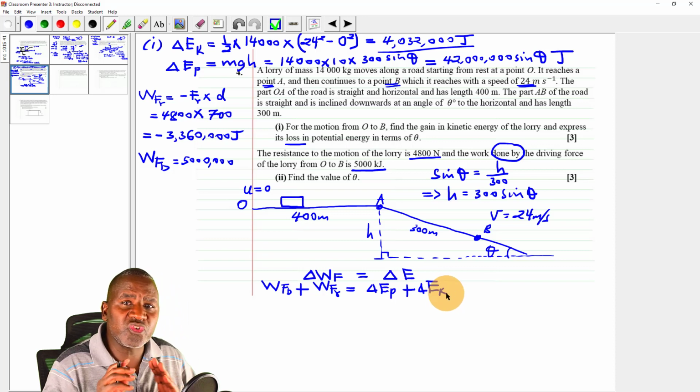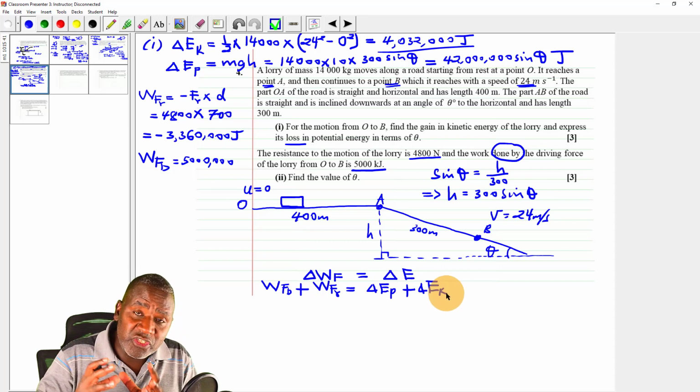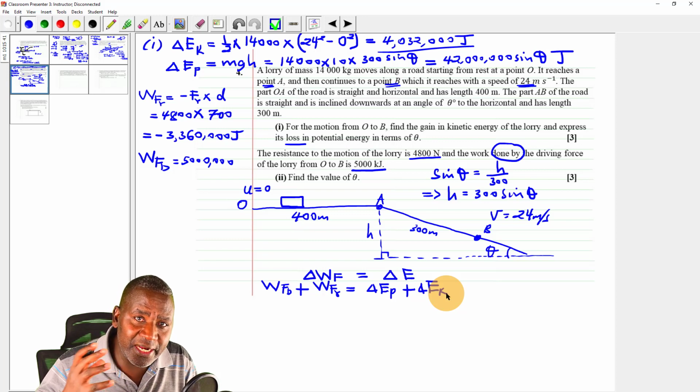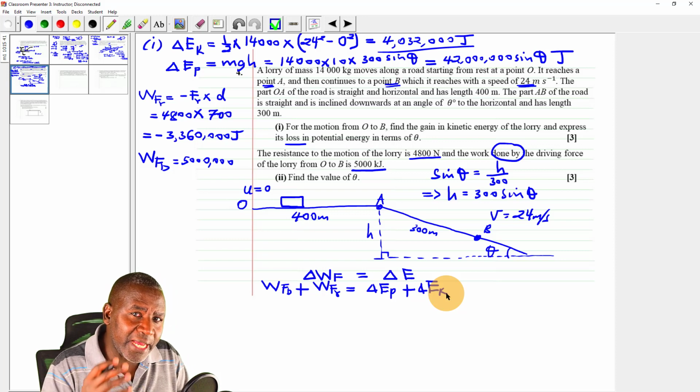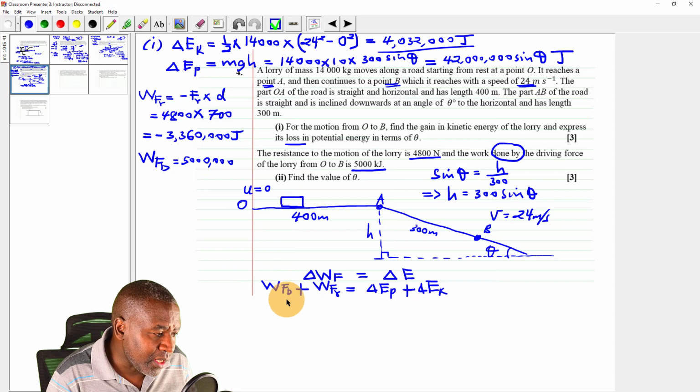I have to treat these energies as gains of energy. It is gaining energy, so wherever it experiences a loss, I put a negative sign. And this is what we mean. Work done by driving force, there is no problem with that, because that will be 5 million.